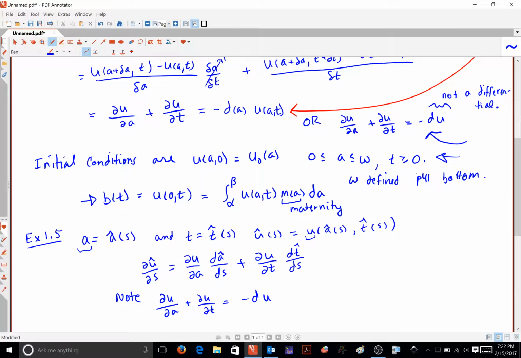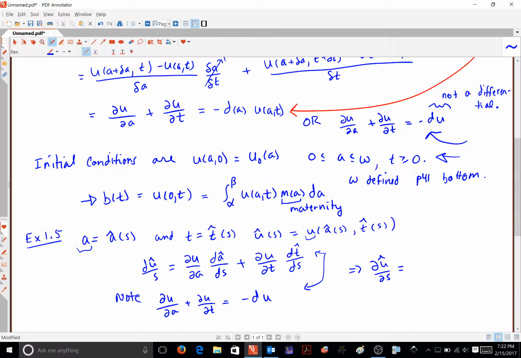Set these two equations equal, because these are going to be the same values. You can get your equation then du hat/ds equals minus d u. Sorry, this is a full derivative, not a partial derivative.